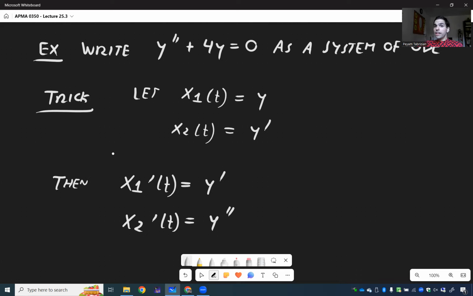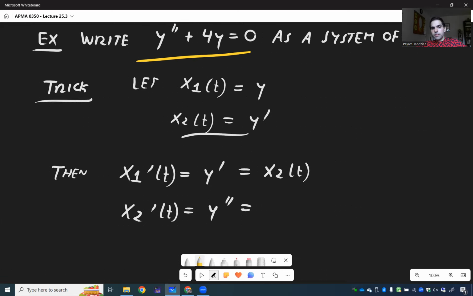But we want to write this in terms of x1 and x2. Well, y prime, that's just x2. What about y double prime? So in terms of y and y prime, what helps us here is our differential equation. Because what this is saying is y double prime is just minus 4y.